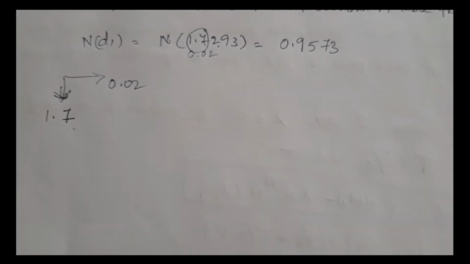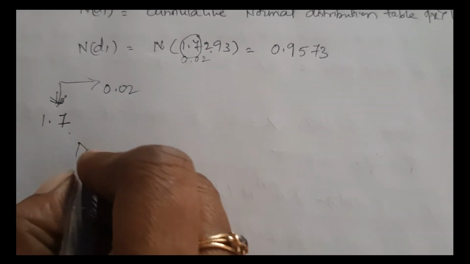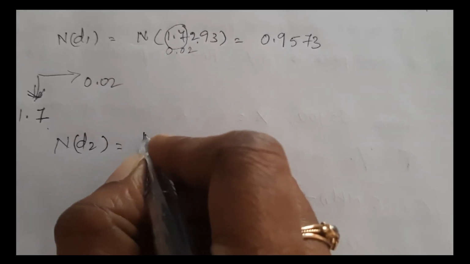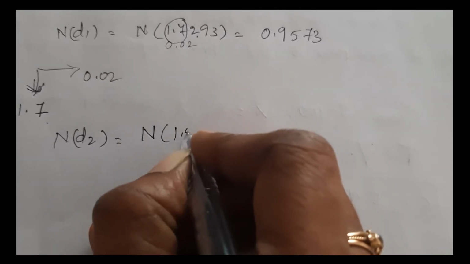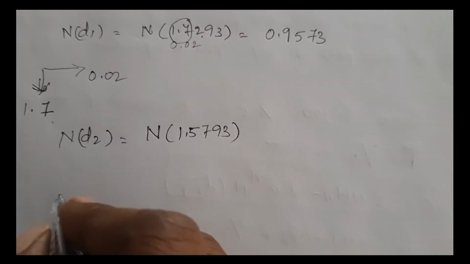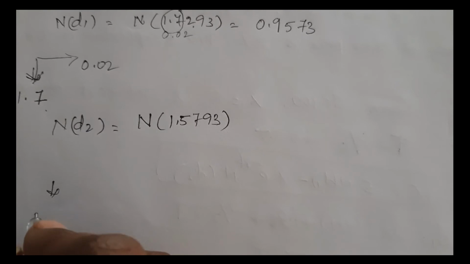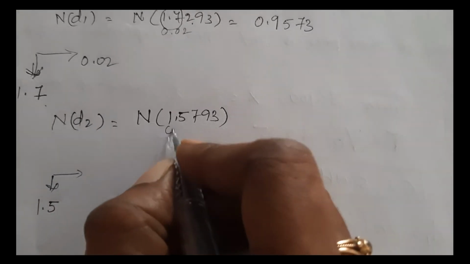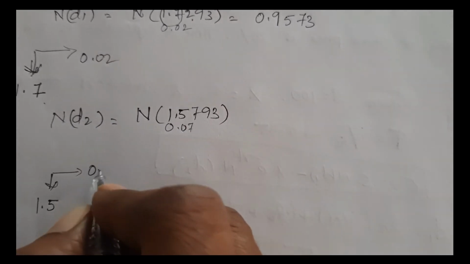0.9573. In the same way, N(d2) also. So N(d2) is going to be N of 1.5793. So towards column we should take 1.5 and towards row we should take 0.07.